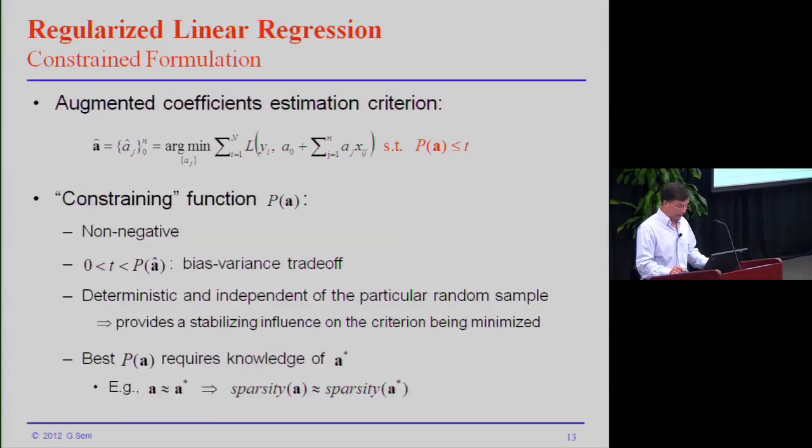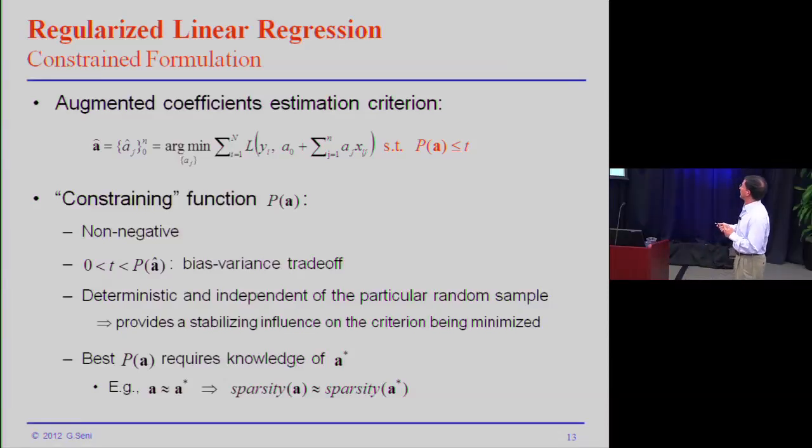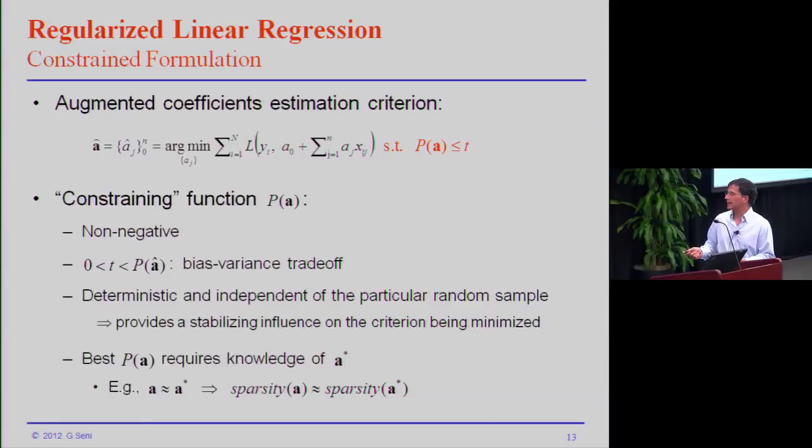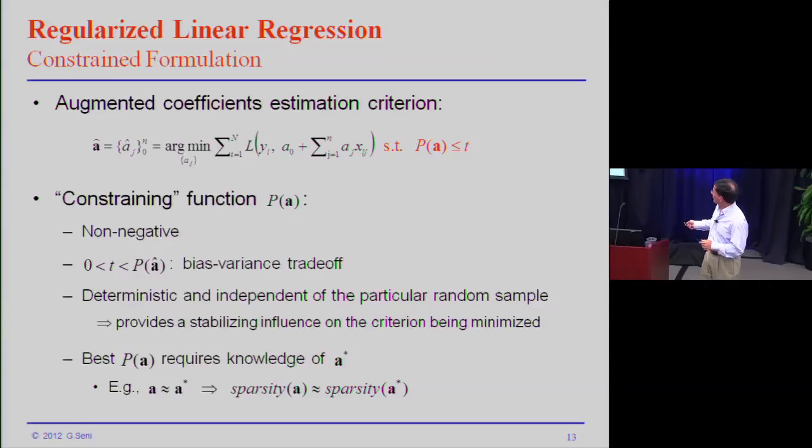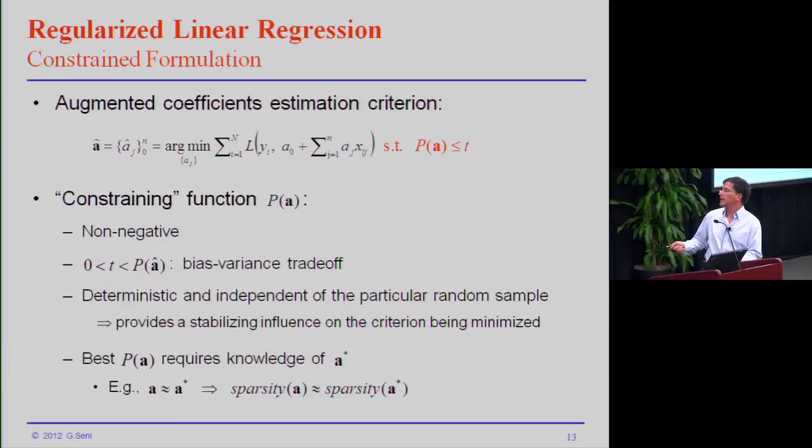And in terms of guidelines for choosing P, one guiding principle is that A star is the optimal solution, right?